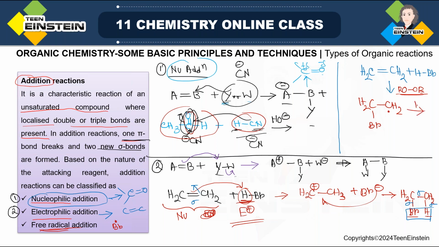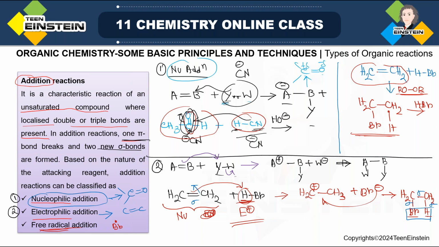Finally, this molecule will take a hydrogen. It is not a proton because it is not H plus. It will take H dot from one HBr molecule and we will ultimately get the carbon–hydrogen bond. Fine. Though the final product looks the same for this reaction and the previous reaction, this alkene molecule is symmetrical.